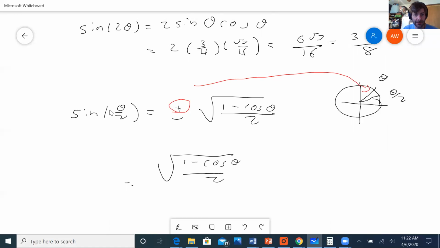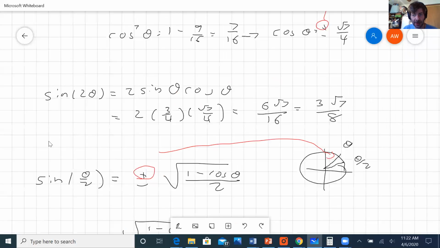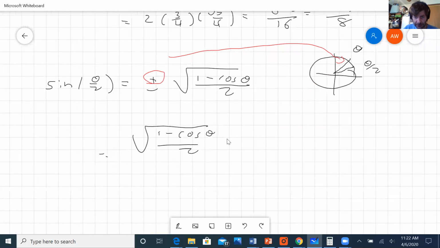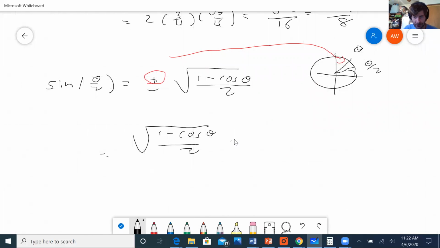Cosine theta was √7/4. Square root that whole thing.